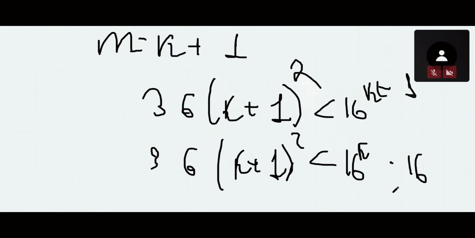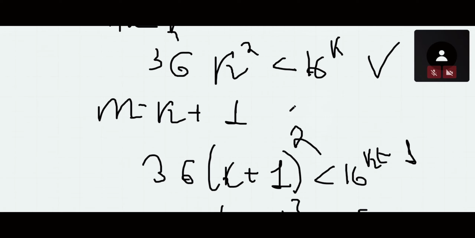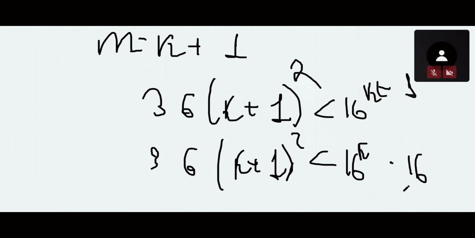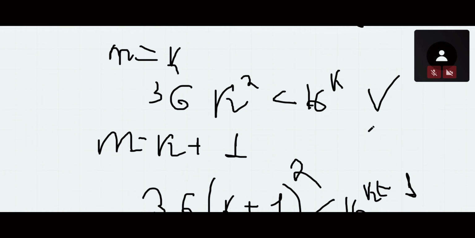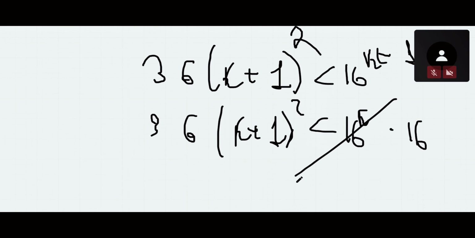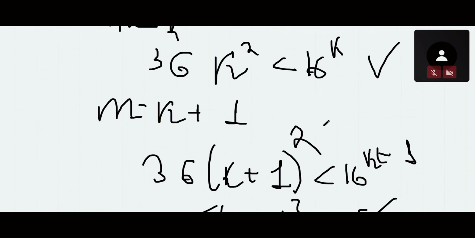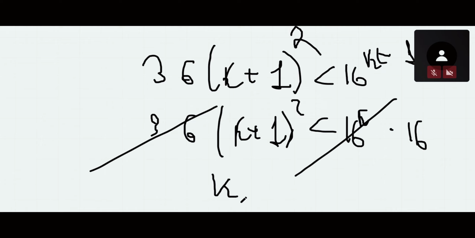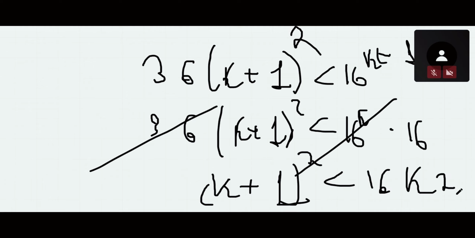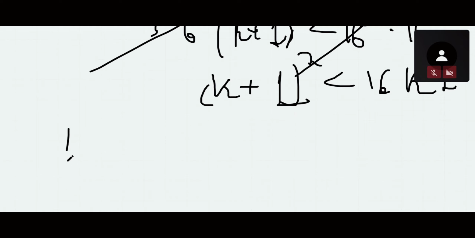We can replace 16k with 36k squared, because we make the big side a bit less than the other side, and we can eliminate this part with this, and there will remain k plus 1 squared. This is smaller than 16k squared. Yes, let's open this part.